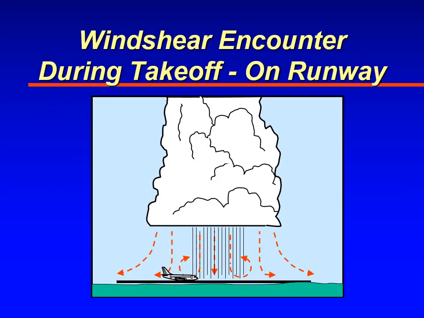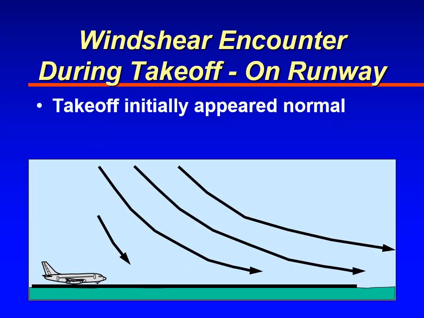The next inadvertent wind shear encounter that we'll discuss is as an airplane accelerates on the runway during its takeoff roll. As the airplane accelerates down the runway, everything seems to be normal.